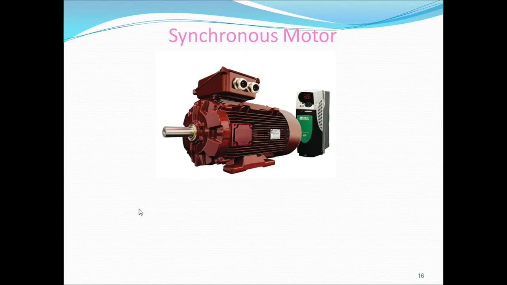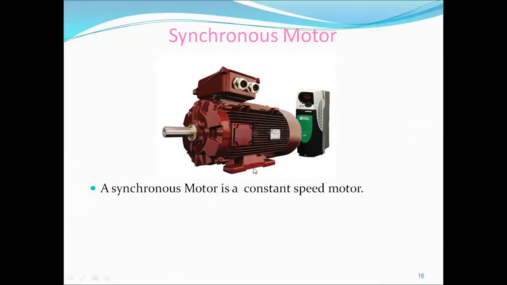If you see, this is one type of synchronous motor. Here it is the shaft. This is the surface where it is used, and here this is the stator frame, and this is the terminal box. The stator terminals come out here, and from here we can give the supply.